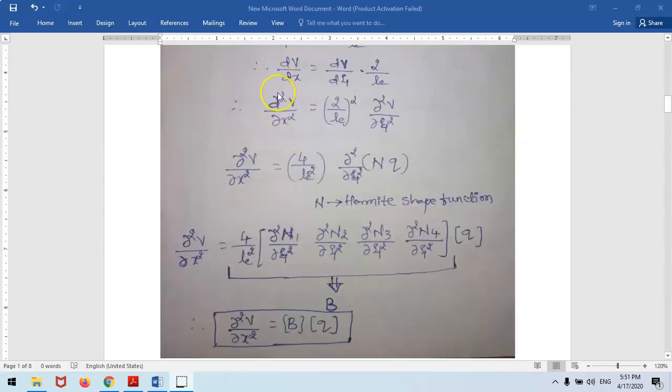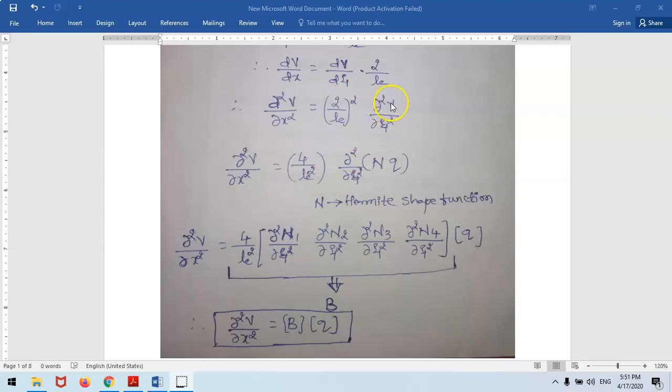After this, I am going to square this. Dou square v by dou x square is equal to (2 by LE) whole square into dou square v by dou zeta square. Here we have squared, and here also we have squared that. So dou square v by dou x square is equal to 4 by LE square into dou square v by dou zeta square.